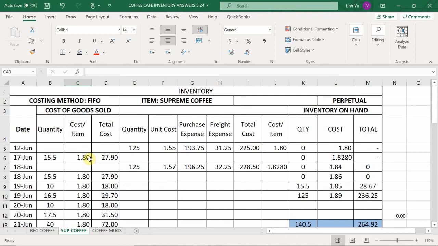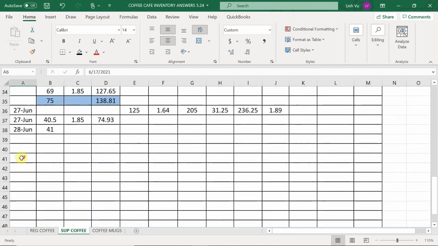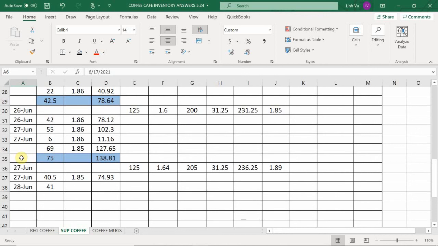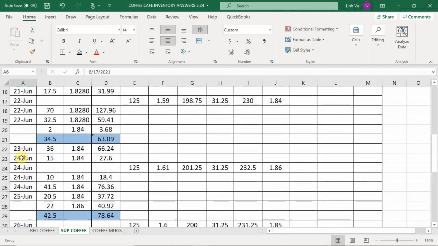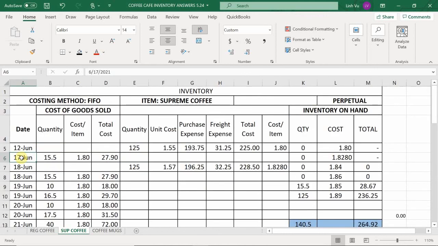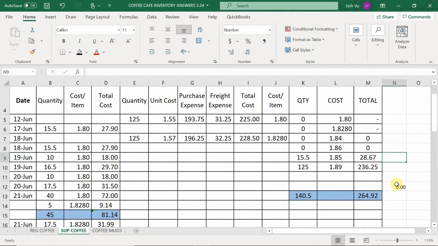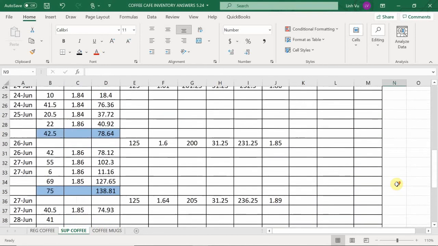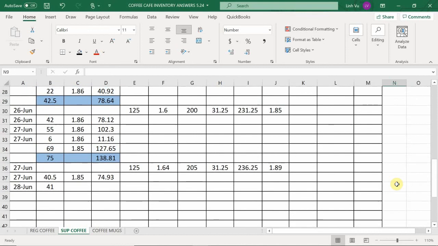Did you go up on your screen, or is it me? I am all the way up at the top of my screen. And this is FIFO, first in, first out. Go down a little bit more so I can see the last transaction that you have here. Right there.